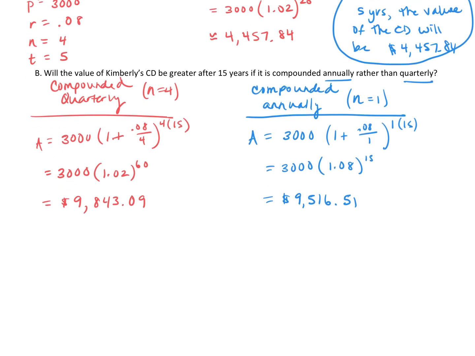So let's answer the question. It says, will the value of Kimberly's CD be greater after 15 years if it is compounded annually rather than quarterly? And the answer to that is no. Compounding annually, we can see, has less money than compounding quarterly.